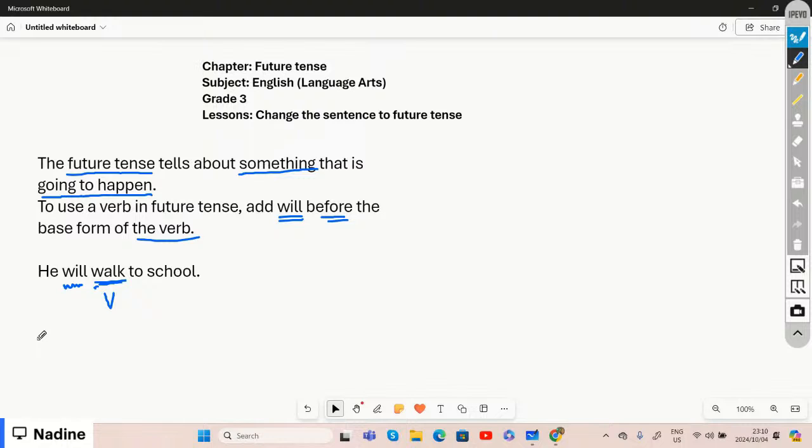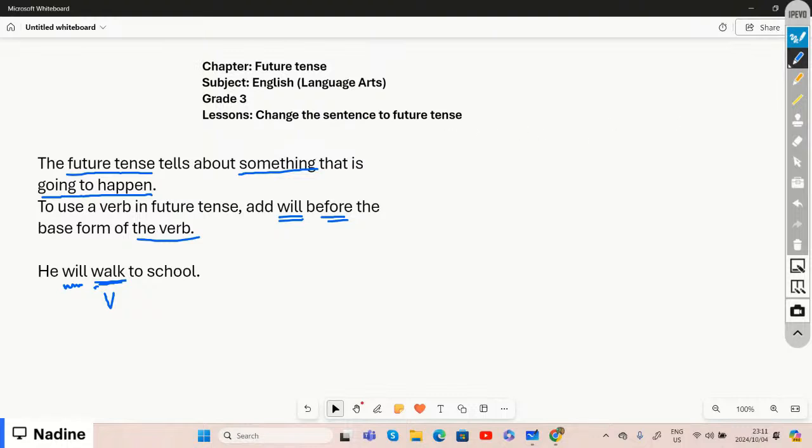And I'm going to write down a sentence, and then you're going to have to rewrite that sentence by changing it to the future tense. So I'm going to write down a present tense sentence, and then you are going to write it in the future tense.